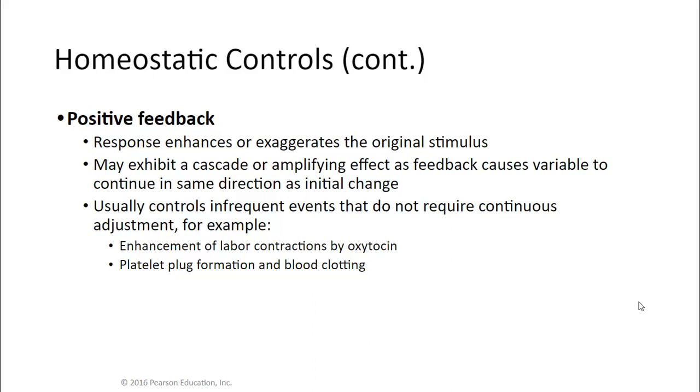But as soon as you get a cut, platelets are going to adhere to that site. Then they're going to release chemicals that attract more platelets, okay? So that's that positive feedback loop. They keep releasing chemicals that attract even more platelets, and then eventually a platelet plug is formed.